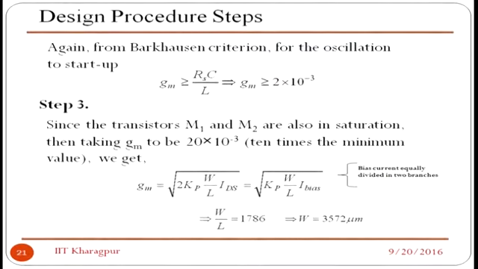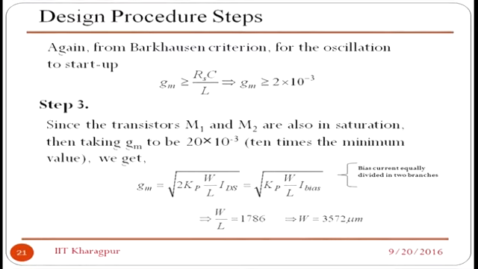Then using the standard equations, I can calculate the W/L ratios. I have assumed that L equals 50 micron, and from there I calculate the W. That is the whole design procedure for the LC coupled oscillator for a standard 180 nanometer CMOS process.